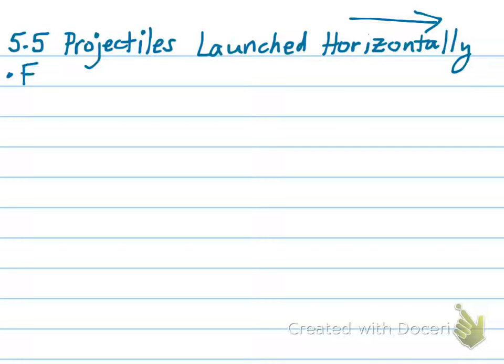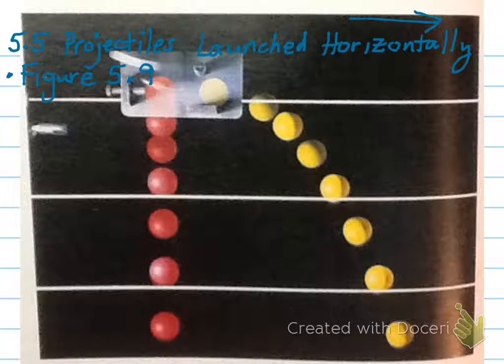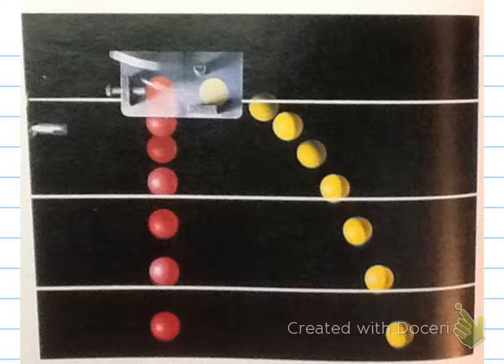The first thing we're going to do is look at figure 5.9, which I should be able to pull up here for us. Let's put it on the next page so we can look at it easier.